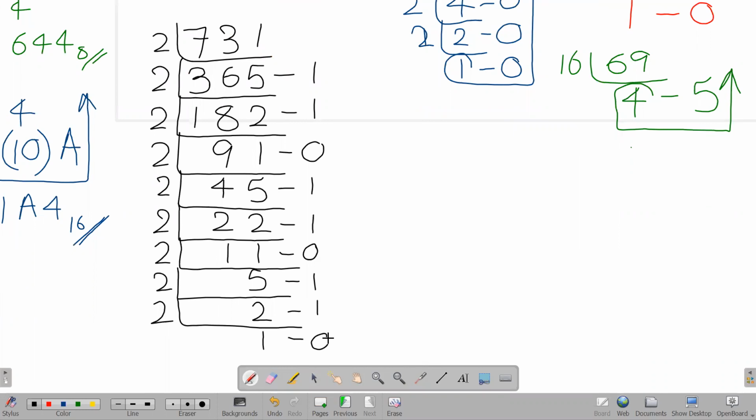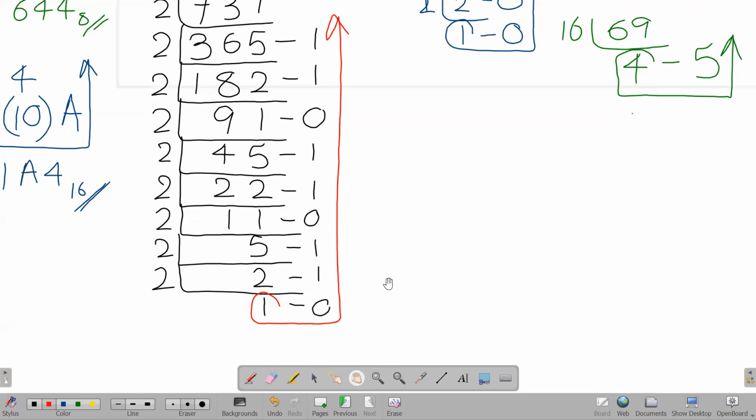It's quite lengthy, but we can have it like this. So the answer is 1011011011. Right, so that is going to be your answer in binary.